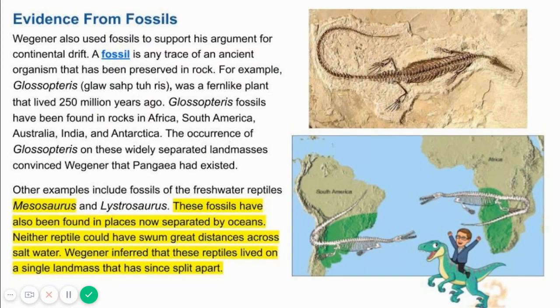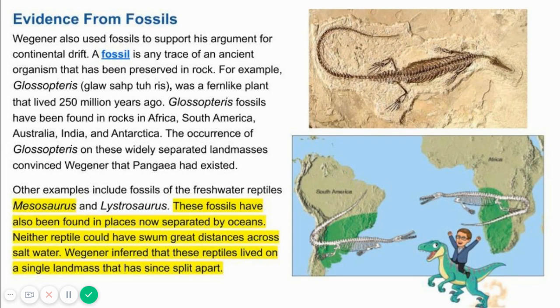What about evidence from fossils? Wagner also used fossils to support his argument for continental drift. Remember, a fossil is any trace of an ancient organism, a living creature, that has been preserved in rock. For example, Glossopteris was a fern-like plant that lived 250 million years ago, supposedly.